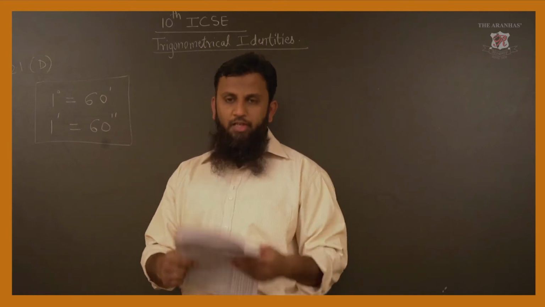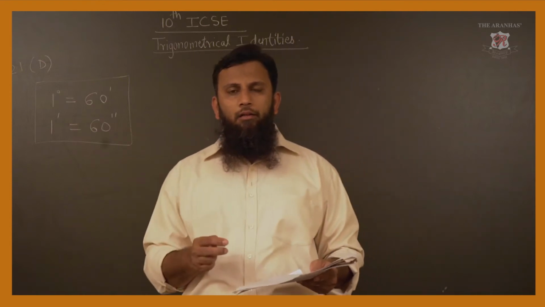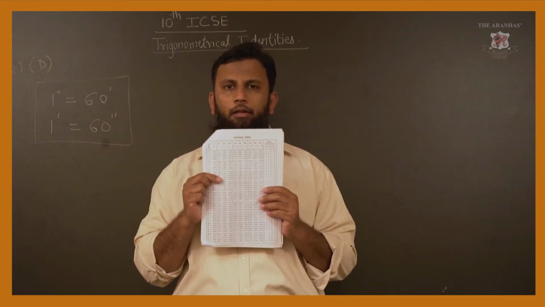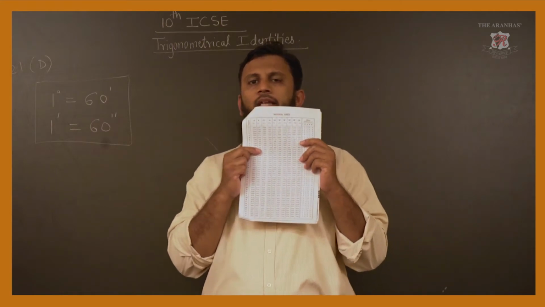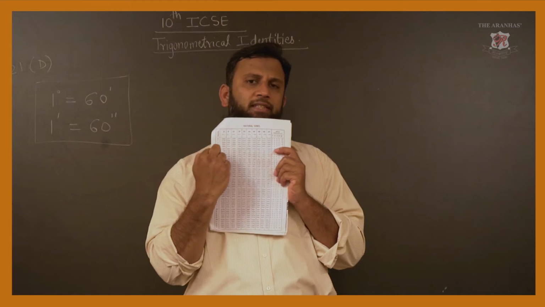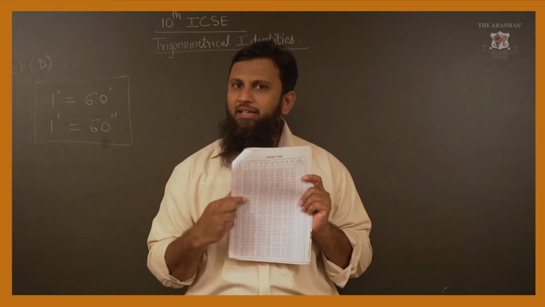Also students, please remember, while you are reading the table, you have to make use of a scale. You have to keep a scale in a horizontal manner because lots of numbers are there.